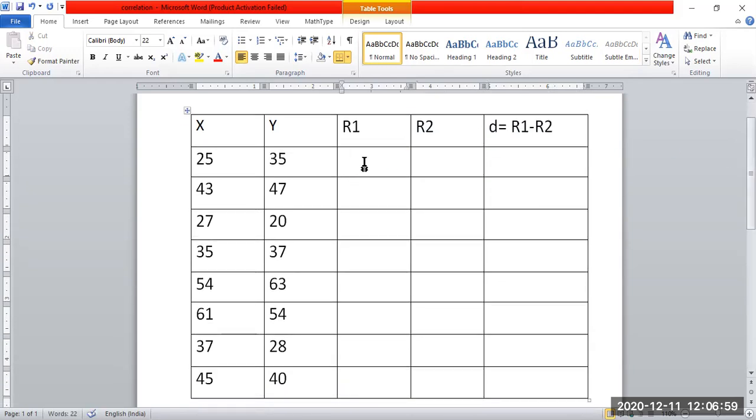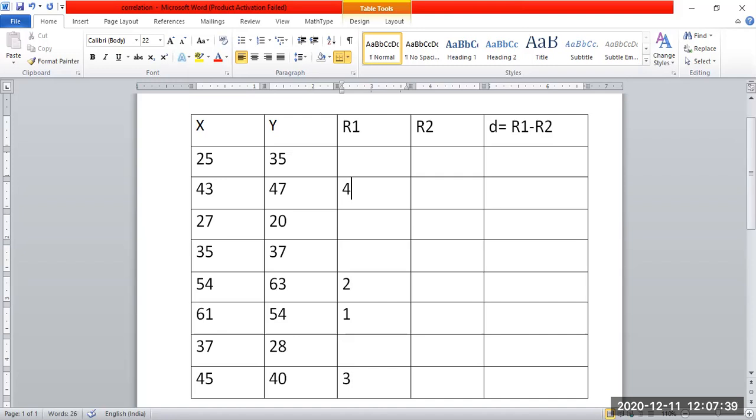So how to do R1? We already know R1 is nothing but the rank in the X series. In the X series, the highest one is 61; put rank number 1. Similarly, the second highest number, 54, gets second rank. Third highest number, 45, third rank. Then the fourth, 43, is the fourth rank from highest to lowest.